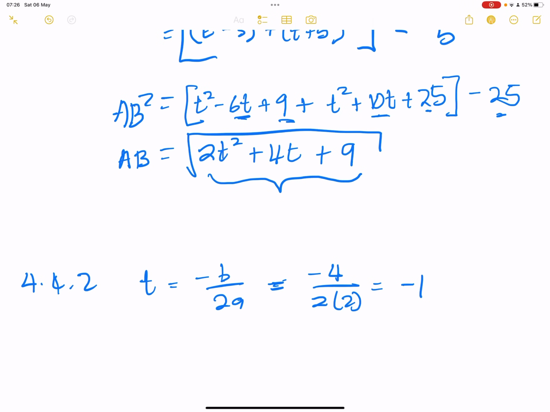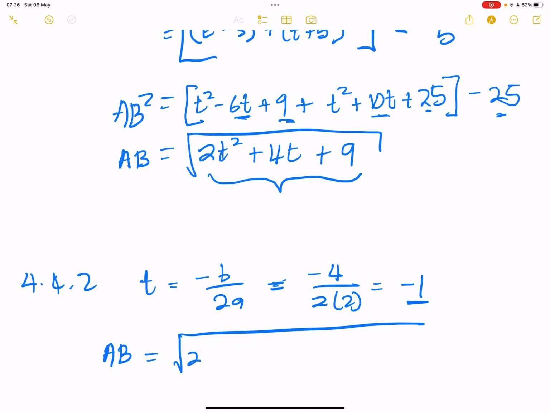So the turning point of that quadratic is at -1. Now let's find the minimum value of AB by substituting the point -1 into that.